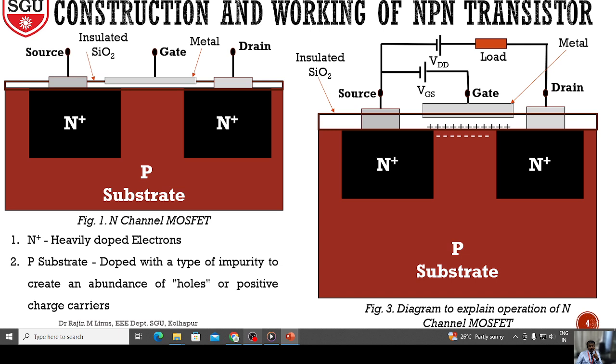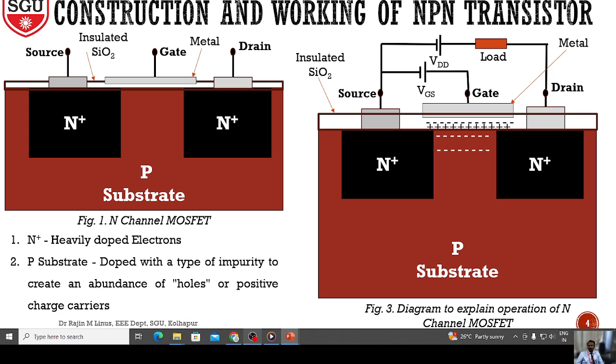At the same time, in a bipolar junction transistor, the current flowing through the base directly controls the electron flow. That's why it is a current control device. Here, due to the presence of insulating material, the voltage generated is controlling the electron flow. Let us see how the electron is flowing and how the conduction is happening.